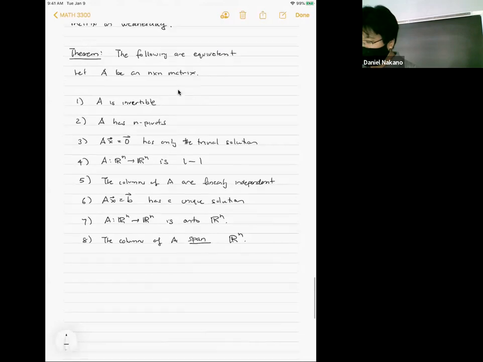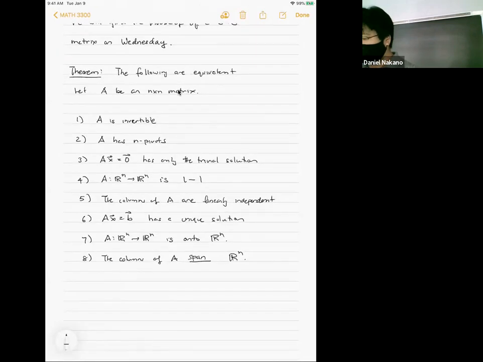So this is a summary of all the various concepts that we've done in terms of linear independence, spanning, invertibility, and systems of equations, all under this one umbrella. Okay? It's a lot to contemplate, but I urge you to go home and think about this theorem for a little bit.